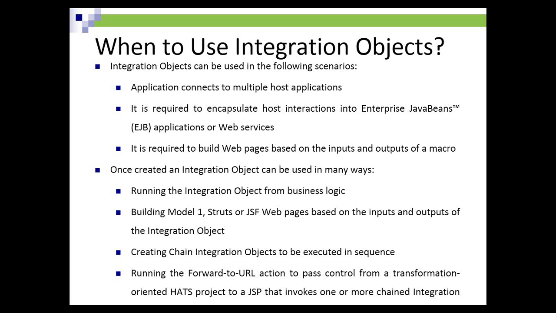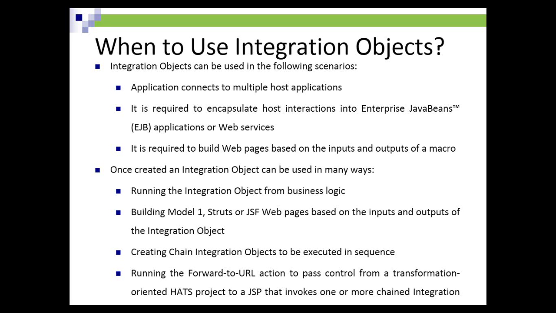Once your integration object is created, you can use it in different ways. You can create business logic and run your integration object from that business logic. You can also create Model 1 pages, Struts, or JSF web pages from those integration objects.